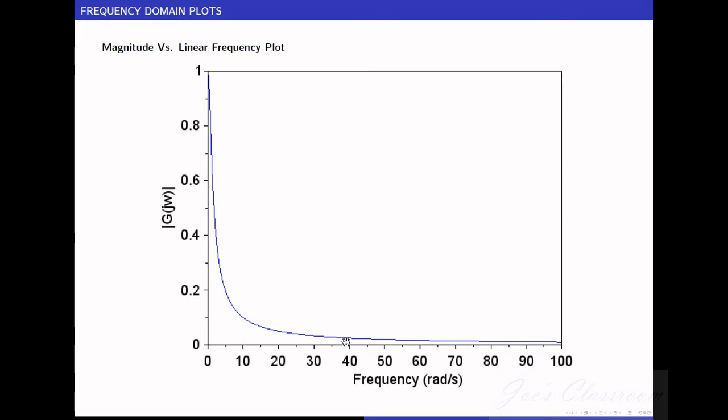And when the frequency is around 40 radians per second, the gain has almost become 0. So this is what we infer from this magnitude plot.